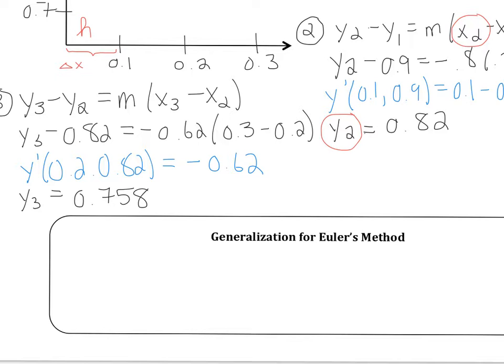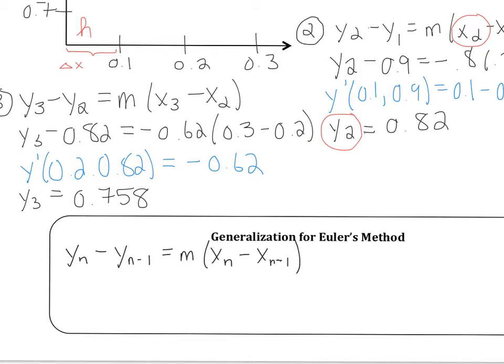In other words, yn, whatever that happens to be, y3, y7, y2, and then you subtract the y at the previous point, yn minus 1, equals m times the difference in your x coordinates, x sub n minus x n minus 1.